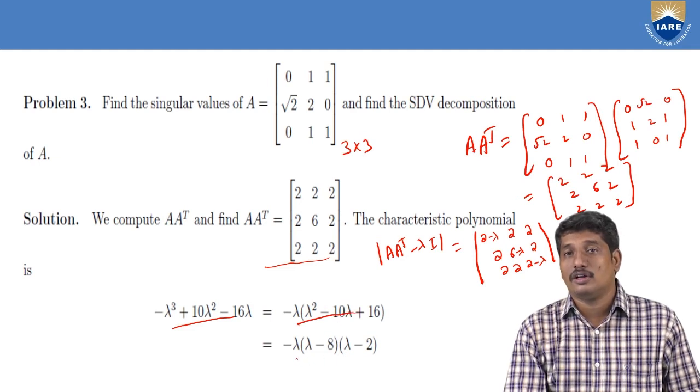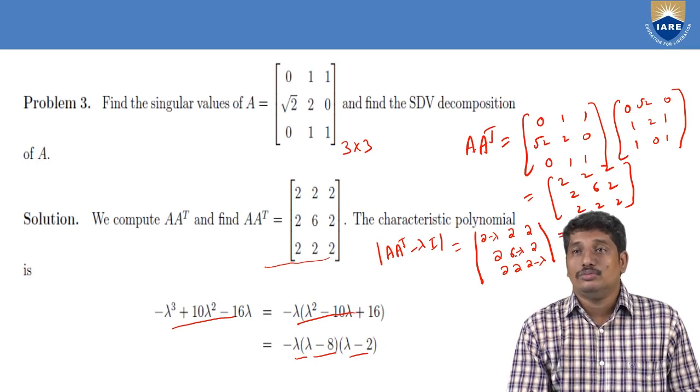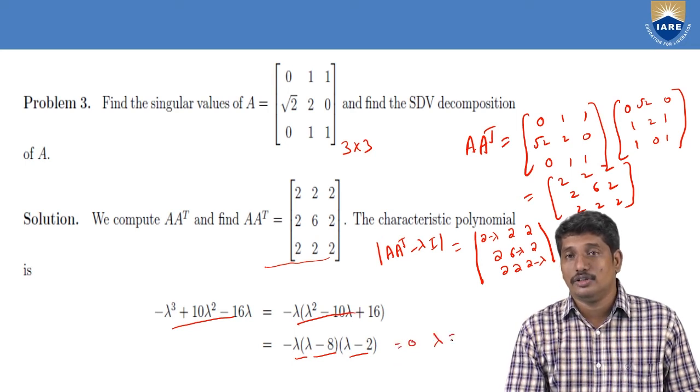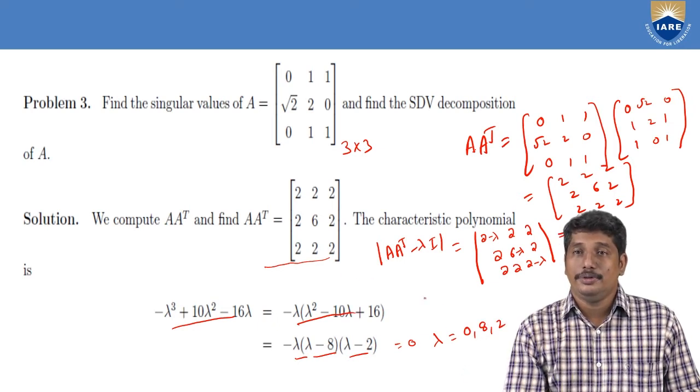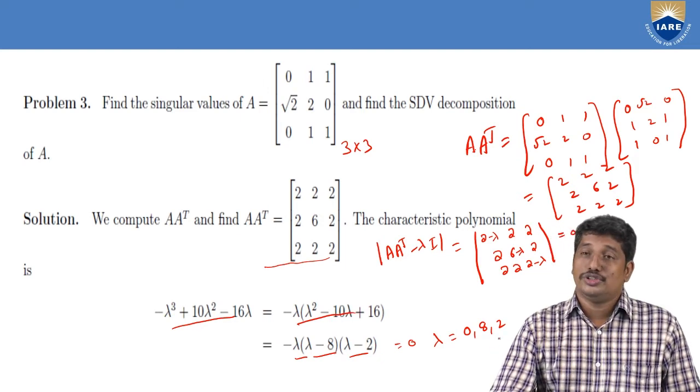The factors are lambda, lambda minus 8, lambda minus 2. By equating this determinant to 0, we get the characteristic equation equal to 0, and hence we get the roots 0, 8 and 2. These are the eigenvalues of A into A transpose. Okay. Now, let us proceed to the next step.